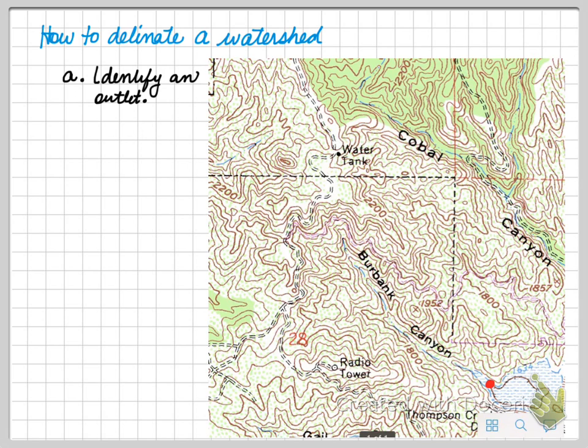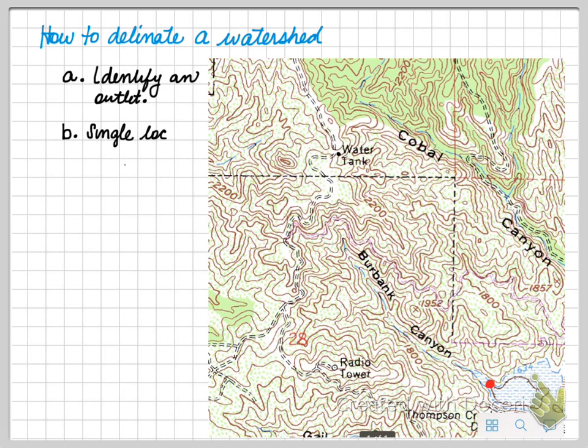Before a watershed can be delineated, one needs to be able to identify the outlet. On this topographic map, there's a reservoir located at the lower right corner. I have placed a single red dot to depict the outlet of this watershed.